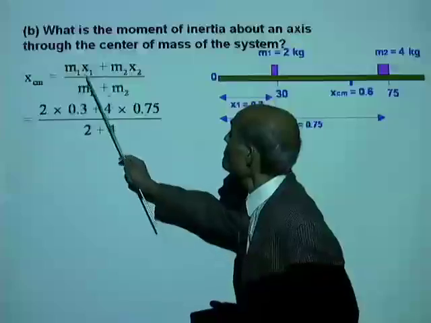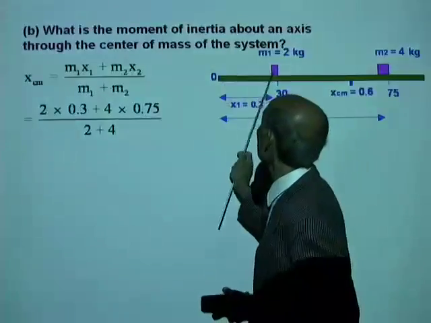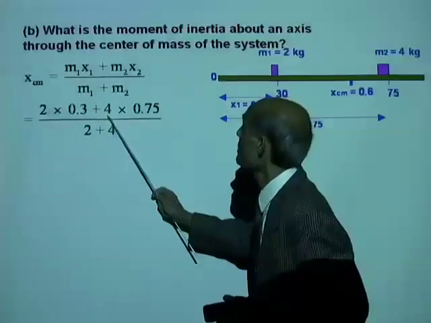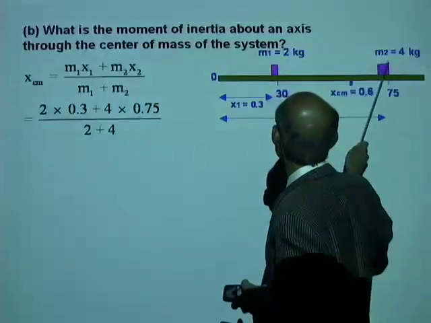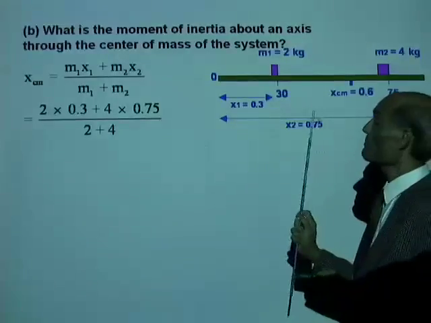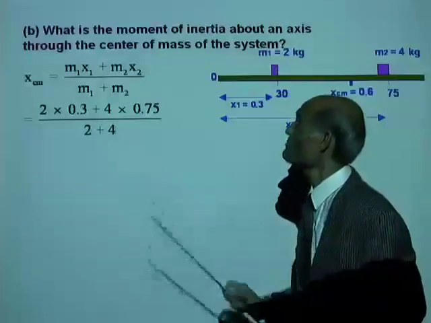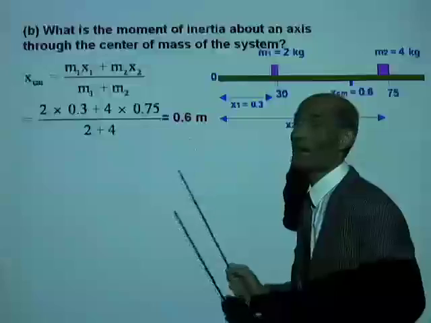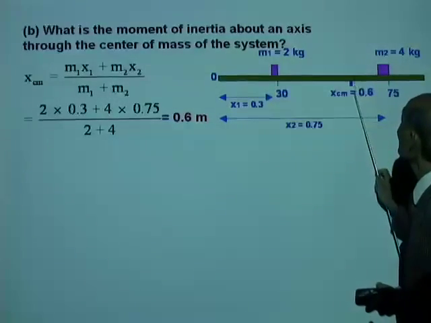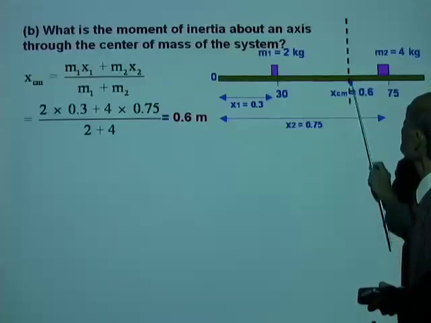Now, m1 is 2 kilogram, x1 is 0.3 meter, plus m2 x2, which is 4 kilogram times 0.75 meter, divided by m1 plus m2, and that is 0.6 meter. So the center of mass is 0.6 meter.